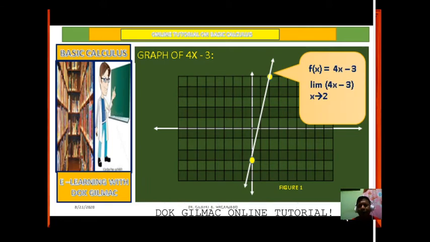The limit of 4x minus 3 as x approaches 2 is simply equal to 5. So as you can see here in the given graph, here is the point where x is equal to 2. It gives f of x to be equal to 5.